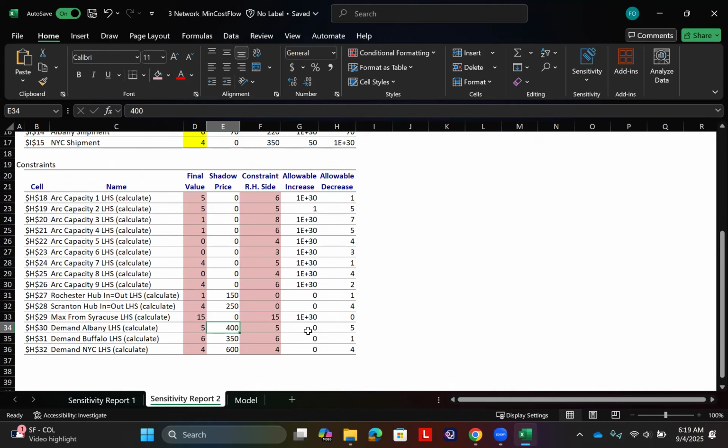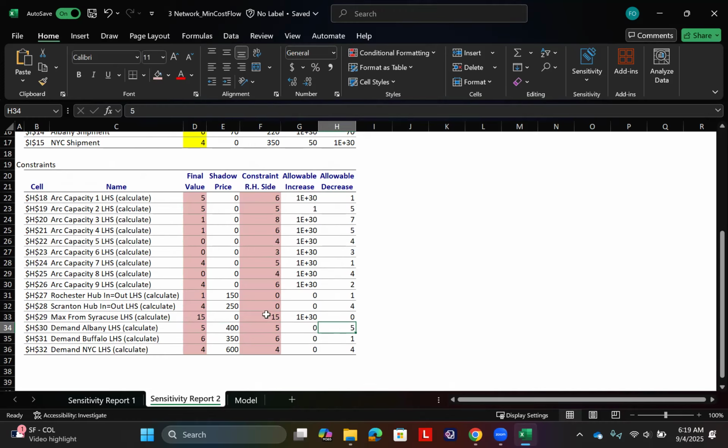However, my allowable increase is only 0. That means that that's not gonna work. That doesn't make any sense because allowable increase is 0. If I increase by 1, that means that 1 is greater than 0. That means that this doesn't apply. However, I can think about the opposite. So if I decrease the right-hand side value by 1 unit, then I can think of this as a negative, then my cost will decrease by $400 up to 5 units.